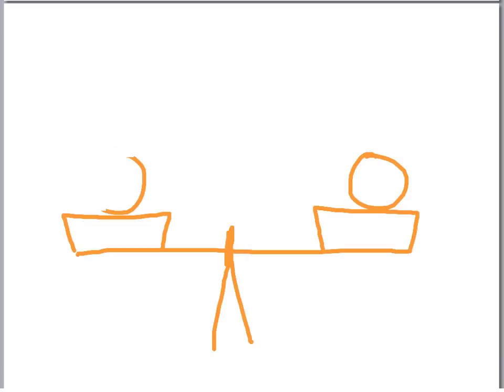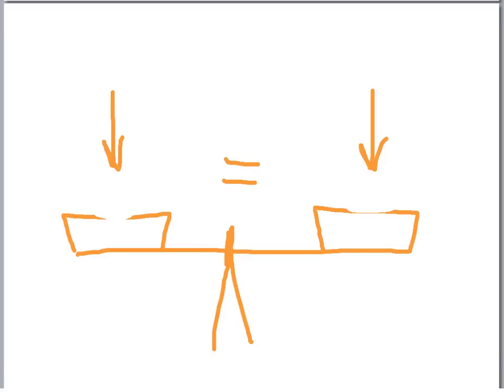If I were to remove something on this side, I'd also have to do the same thing over here to keep it equal. So I want you to be thinking about that as we're talking about these equations. Whatever we do to one side has to be done to the other side. So both sides of the equal sign remain equal.